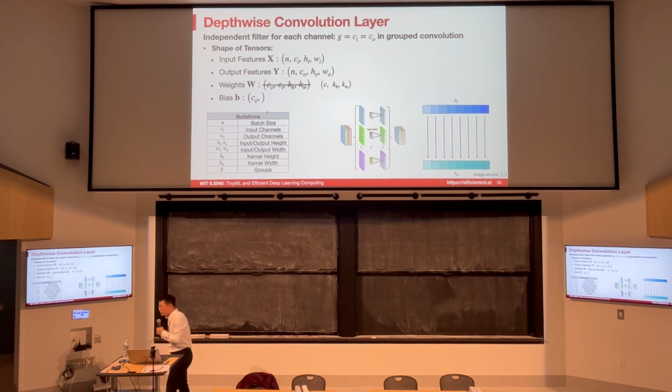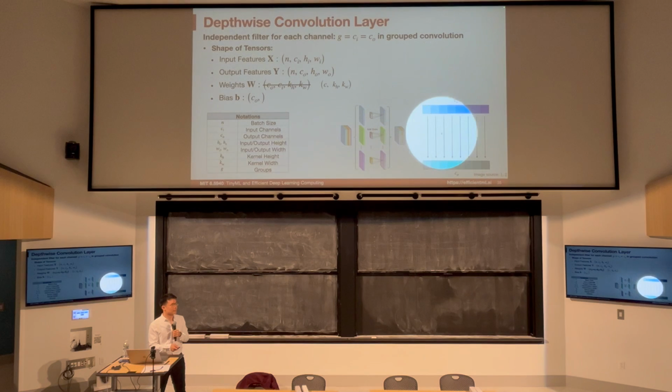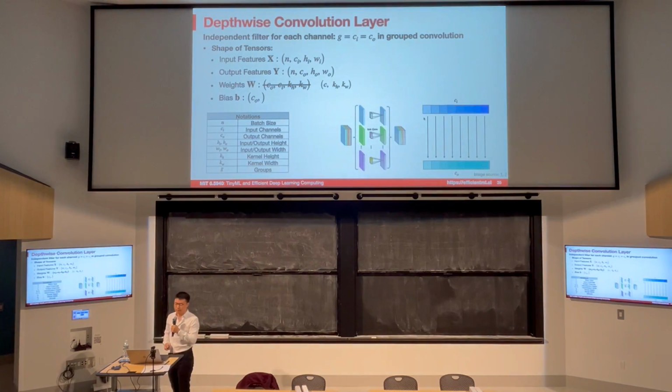And what is the extreme of group convolution? The number of groups will be equal to the number of input or output channels, which is exactly this case. Previously we had 2 groups. Now we have C_O groups. In this case, it's 8. We have 8 groups. So each output channel is only connected to 1 input channel.